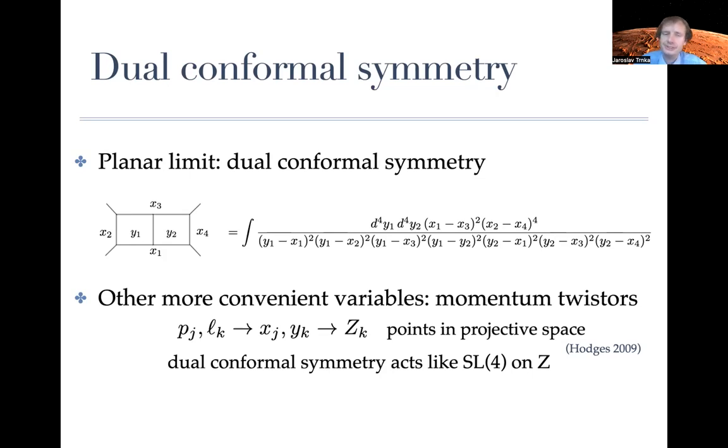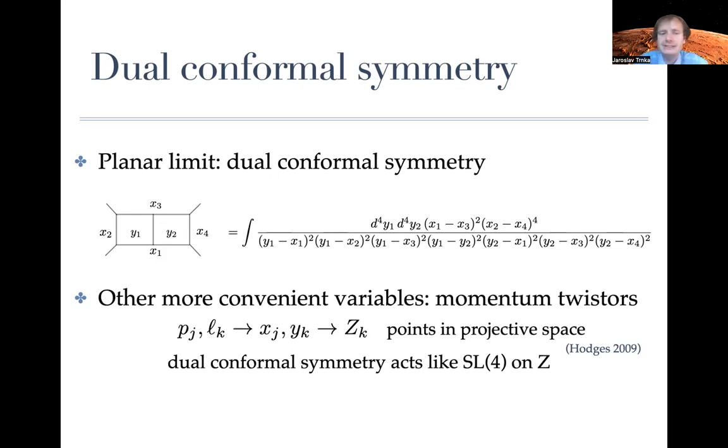All external data, and also the internal data, the loop momenta, will be stored in points z, and each z is a point in the projective space P^3. You can just think about it as a change of variables. Instead of momenta, I will use twistor variables.